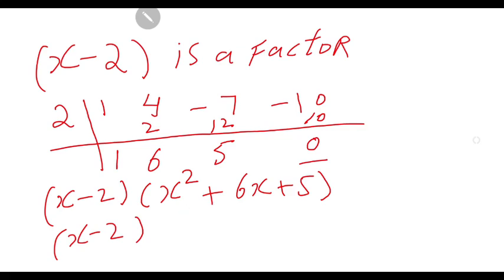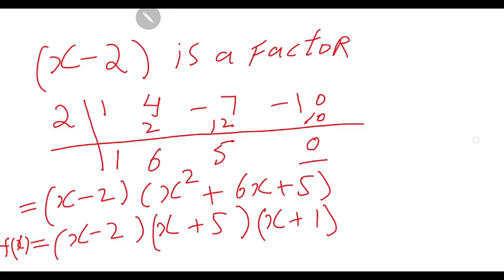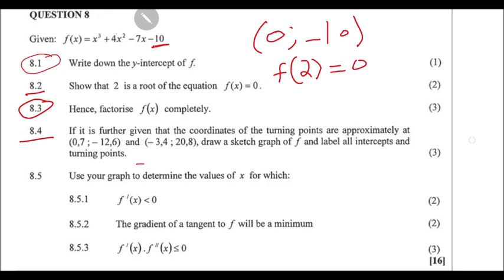It's going to be (x + 5)(x + 1). They are factorized. So these are the factors of f of x. Remember in 8.3 we just need to factorize; we don't need to solve for x.